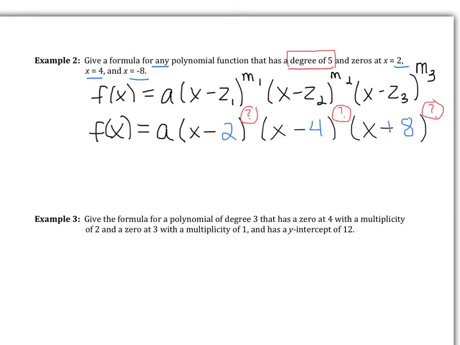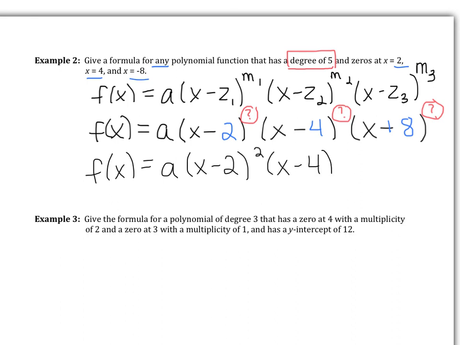So you have a couple options. You could say that maybe this polynomial is degree 5 because this factor has a multiplicity of 2, and this factor has a multiplicity of 2, and this factor has a multiplicity of 1.